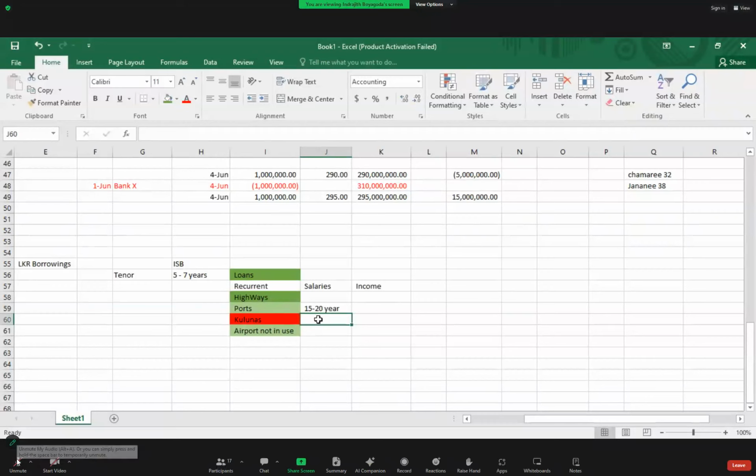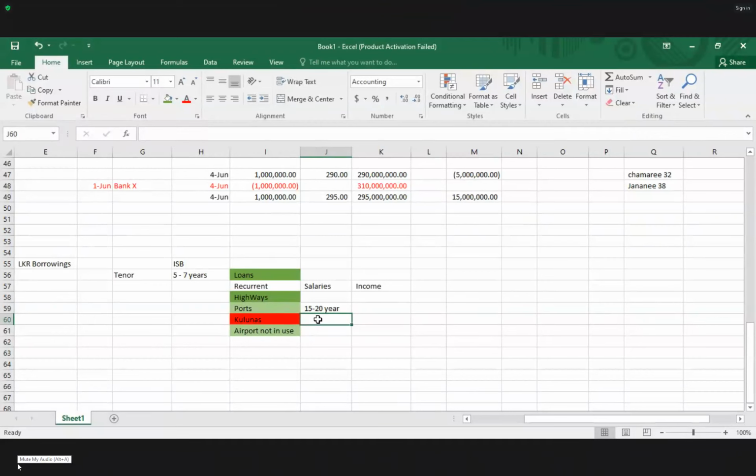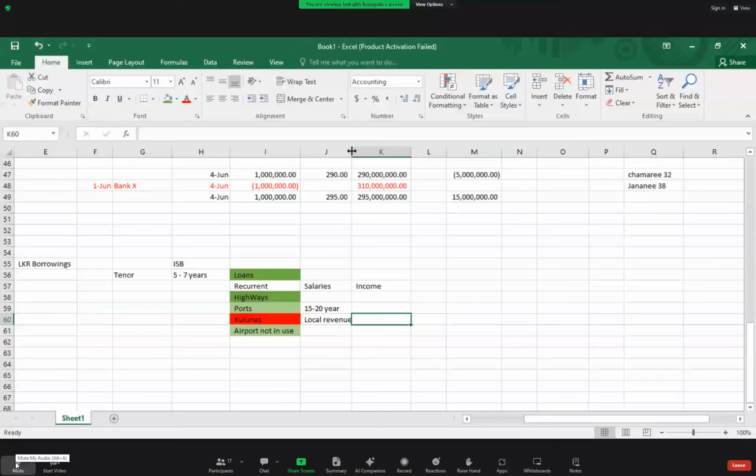This one, what is the issue here? Local revenue. Do they make enough revenue for the $1 billion spent?